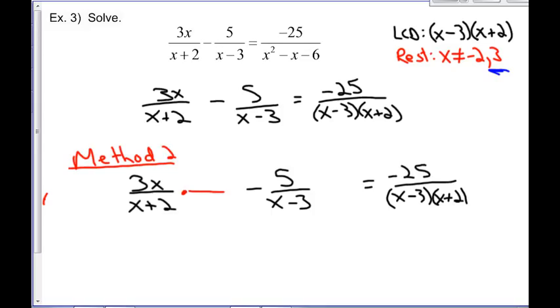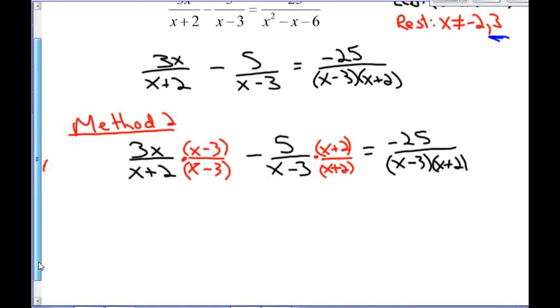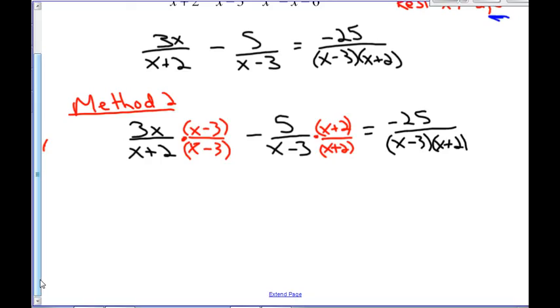So this very first one is missing an x minus 3, so I have to multiply it by that on top and on bottom. The next one is missing an x plus 2, so I multiply it by that on top and on bottom. And then the right side is fine. And you only need to be able to do one of these methods, whichever one resonates best with you.